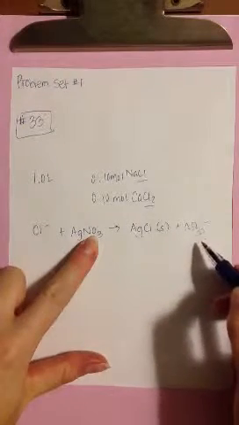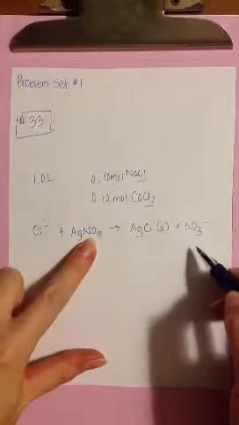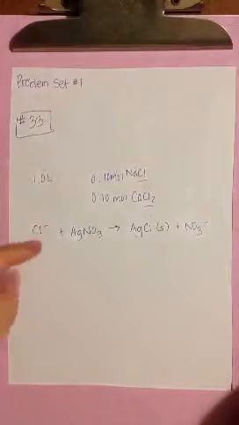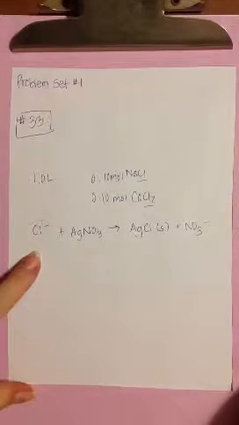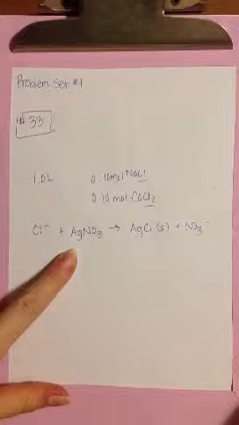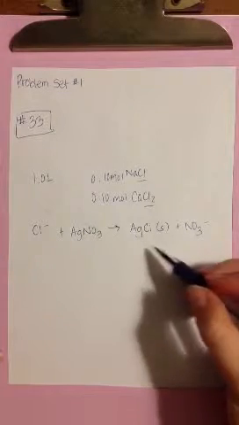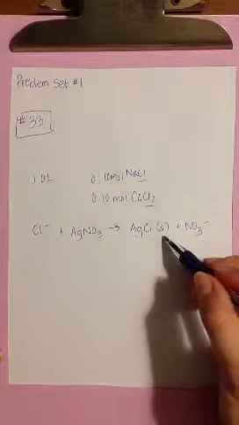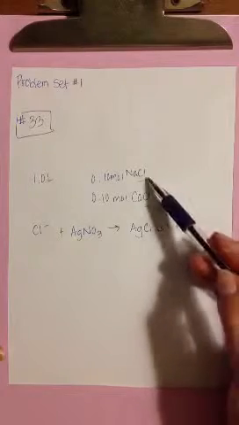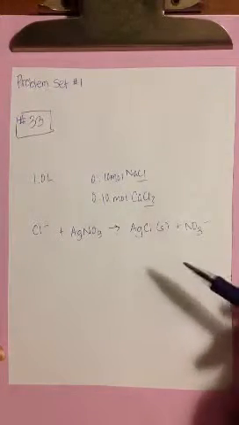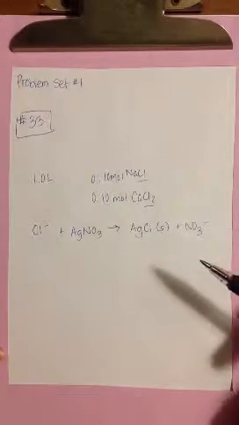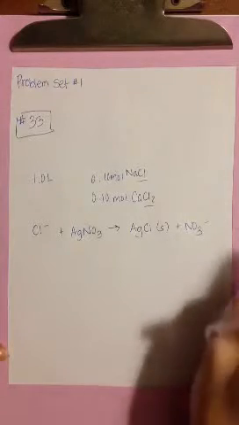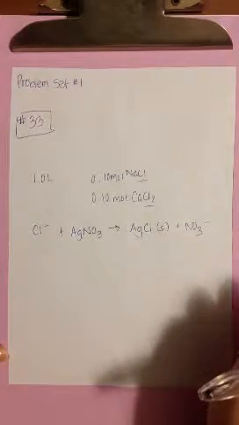The nitrate is always an ion, it's always soluble, so I could actually just totally ignore it, and the point is I'm taking my Cl minus, adding it to Ag plus, and that's what's making this AgCl solid. So what they're telling me is I need to make sure all this Cl is reacted to make the silver chloride. It wants to know the number of moles that must be added.